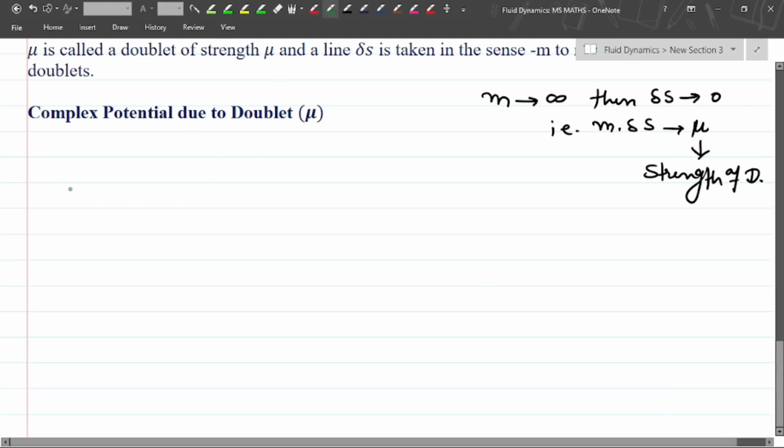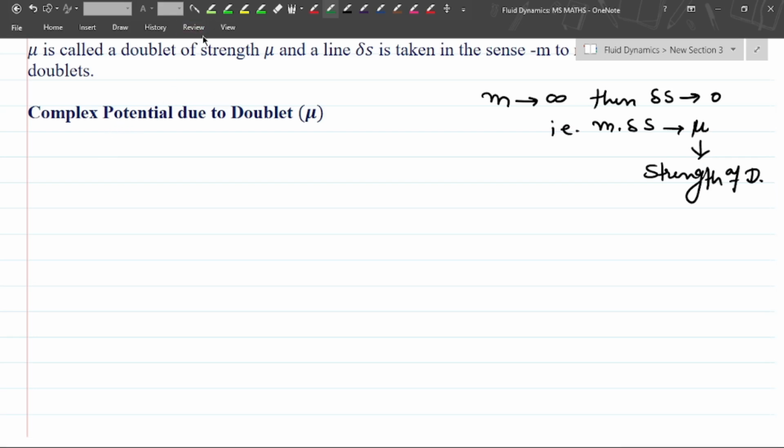So if m and minus m are the strength of the sink and source, I can make a diagram here so that it will be more clarified.